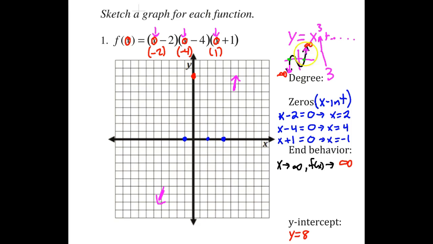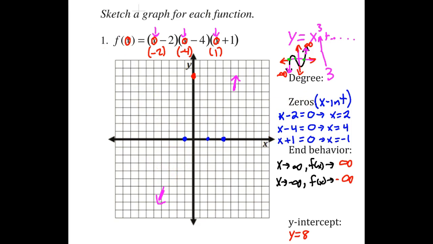Right? That's right here on the right-hand side. As this x gets bigger, so does this f of x. And same thing on the other side, we have as x approaches -infinity, meaning as we go to the left on the graph, the y's, or the f of x's, will get smaller. They'll go to -infinity, right? They'll be down here. As we go this way, the y values, or f of x values, get smaller.